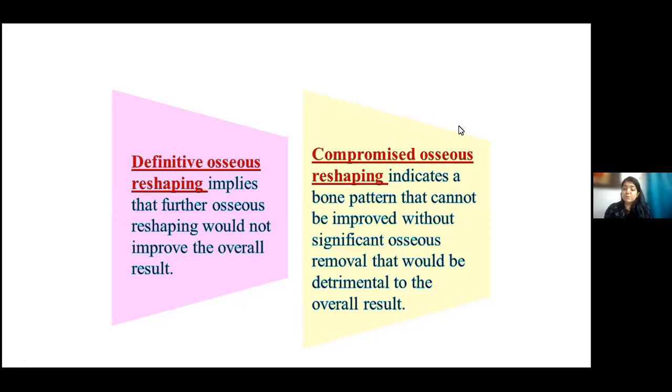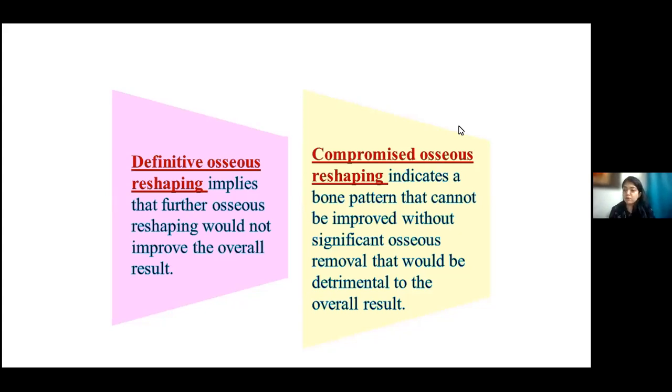Okay, compromised means that however much we can reshape or subtract, it will not give us our best result. Okay, so we do only that much that it can be maintained. Okay, definitive means that we know that any further osseous reshaping will not help, we have done the best we can. Compromise means we are doing only till the level where we are maintaining it.